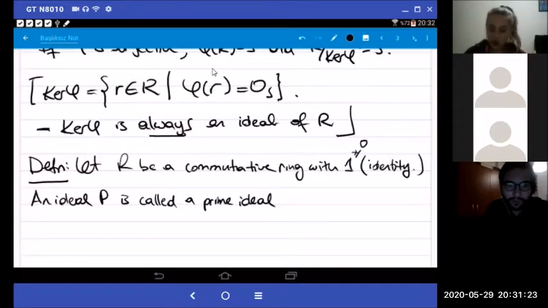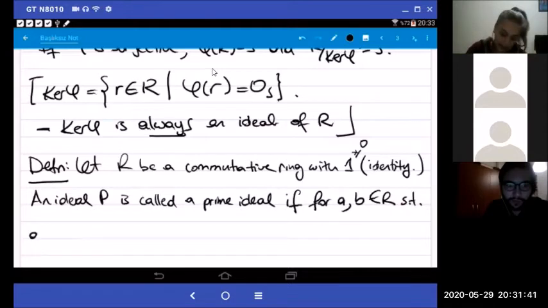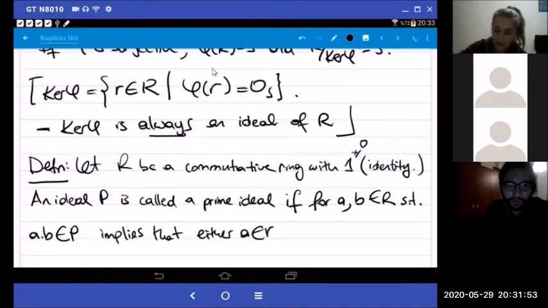We are going to call an ideal P a prime ideal if for a and b in R such that a times b is in P, this implies that either a is in P or b is in P.